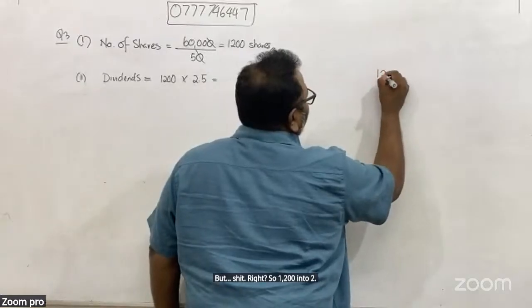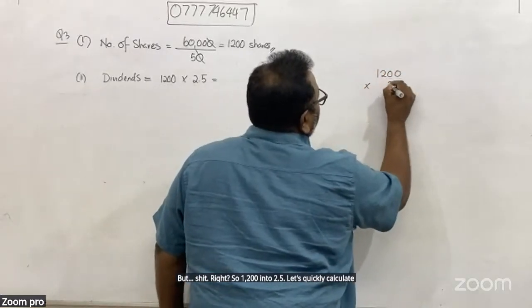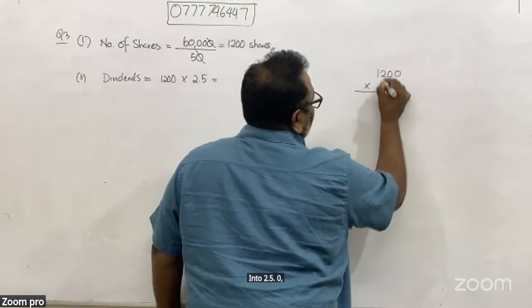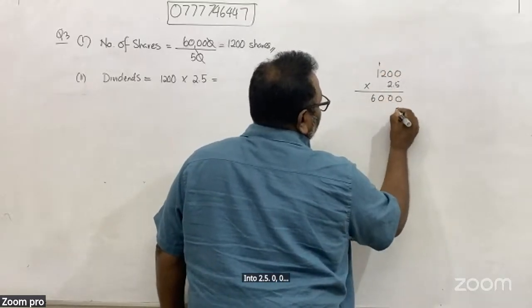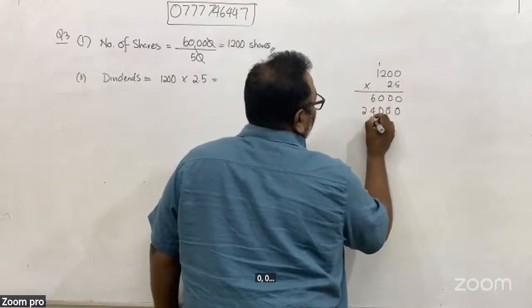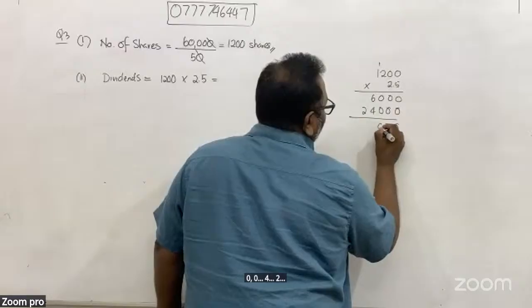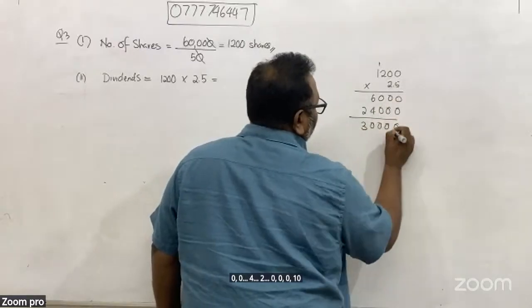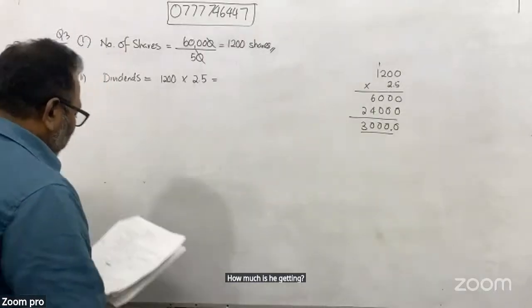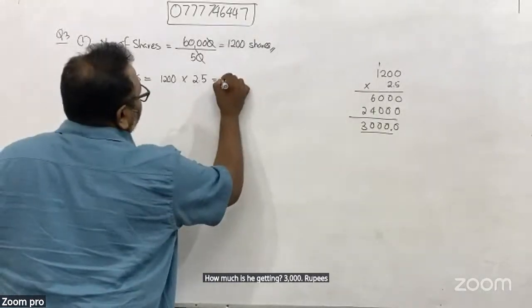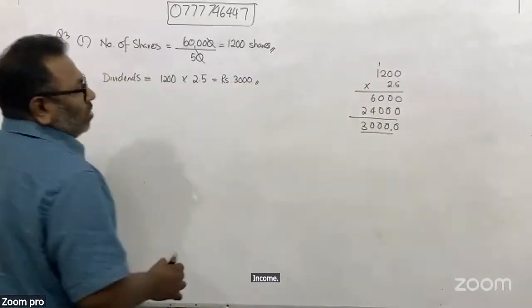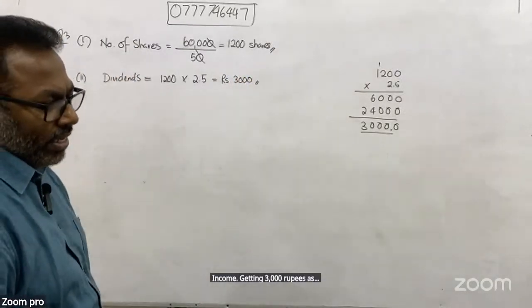Let's quickly calculate. How much is he getting? 3,000 rupees as dividend income.